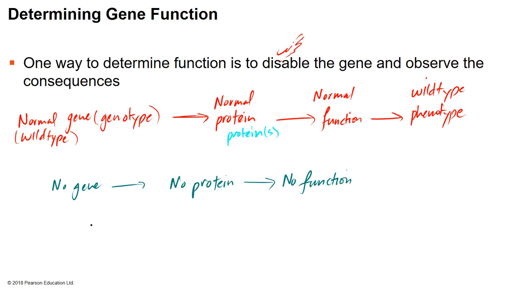Or we could have a mutant gene. So we introduce mutations, and then we have a mutant protein.